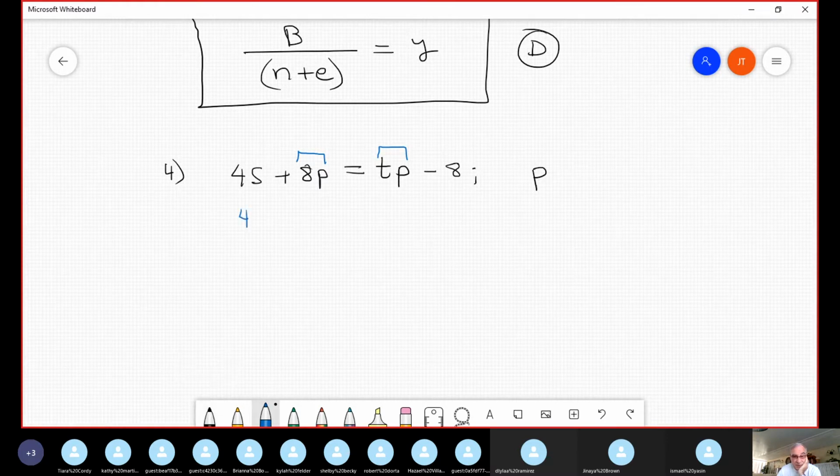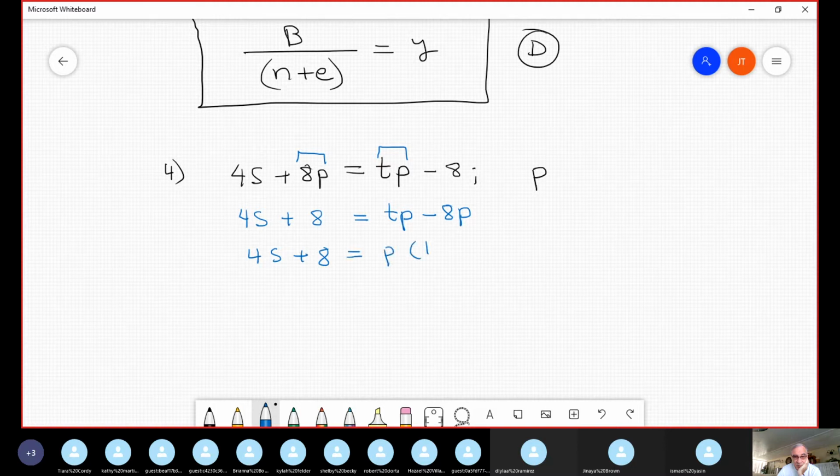For example, 4s stays. I move ap to the right. tp stays. Look. Minus ap. And this a, I move to the left, like a positive. No? Okay, so 4s plus 8 is equal, and you can see here, p is a common factor.